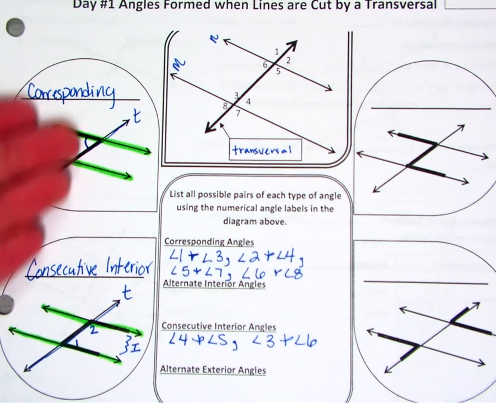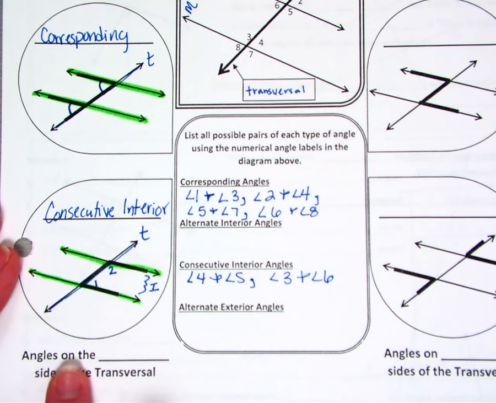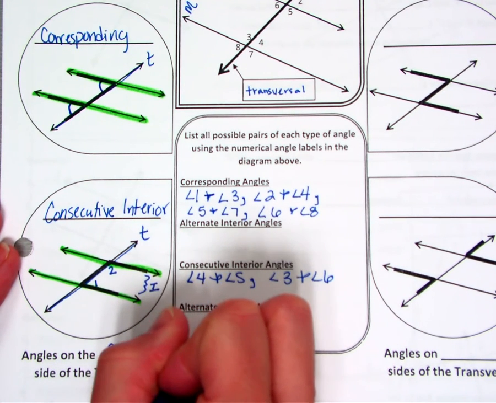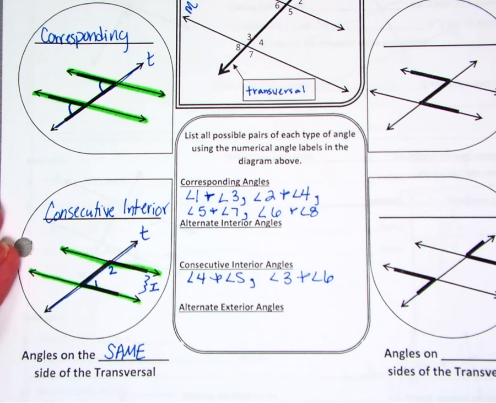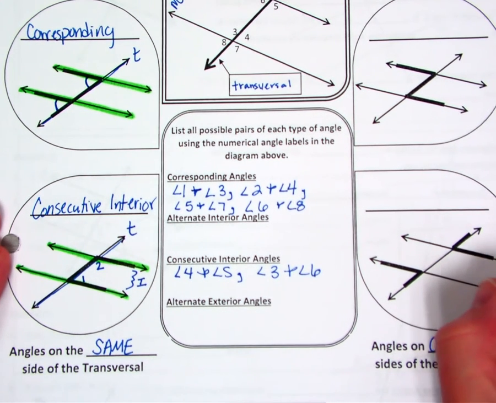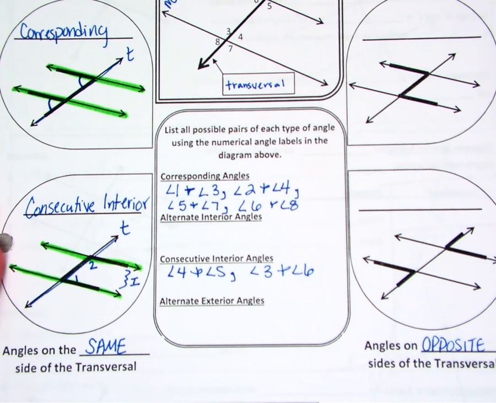Okay, so what we have over here on the left-hand side of the paper are angles that are on the same side of the transversal. What if they're not on the same side? Well, that's what we're going to have over here on this side. We're going to have angles that are on opposite sides of the transversal.